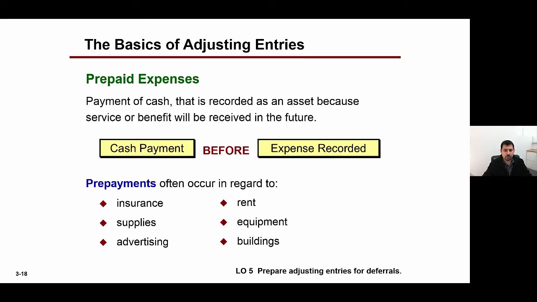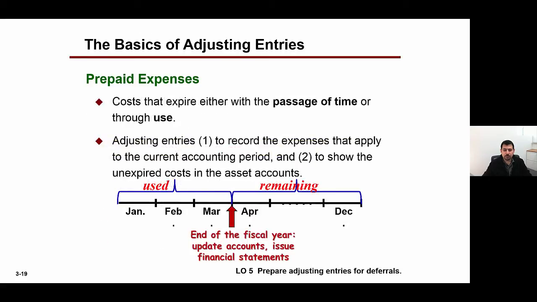We talked already about insurance. We can talk about supplies. We have equipment, building, rent, etc. Well, let's talk about supplies first.